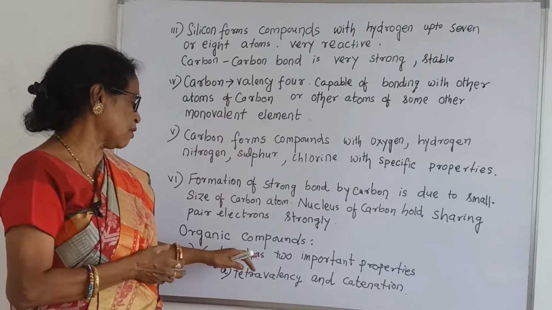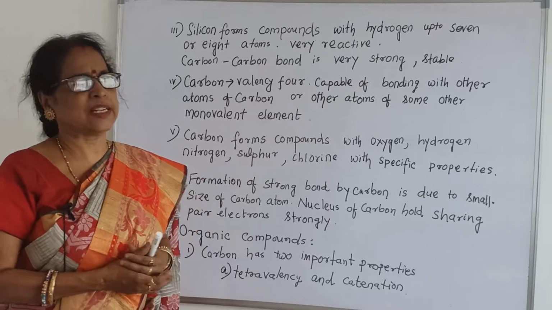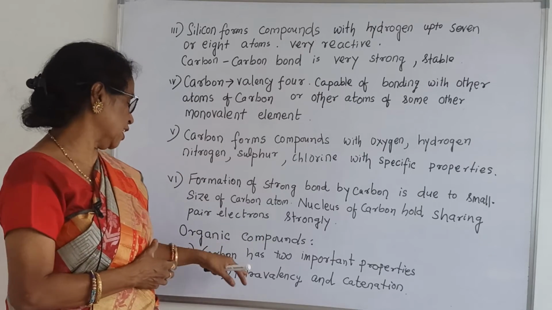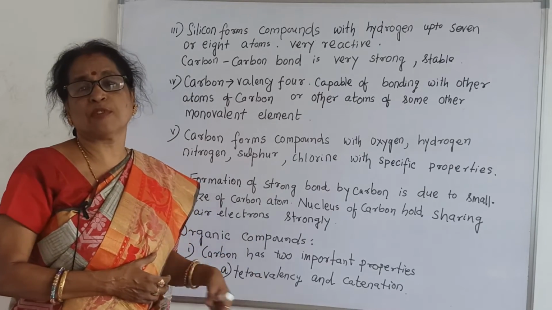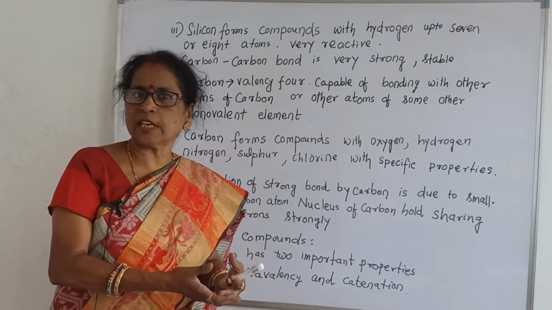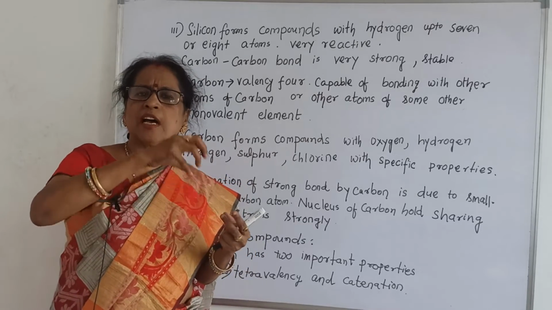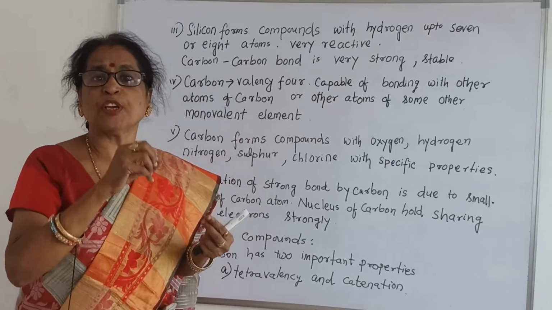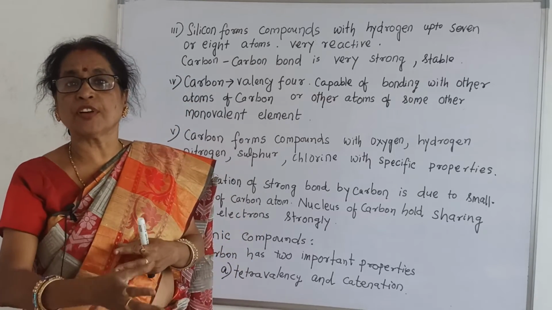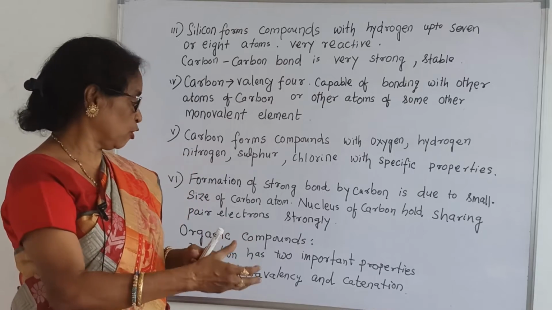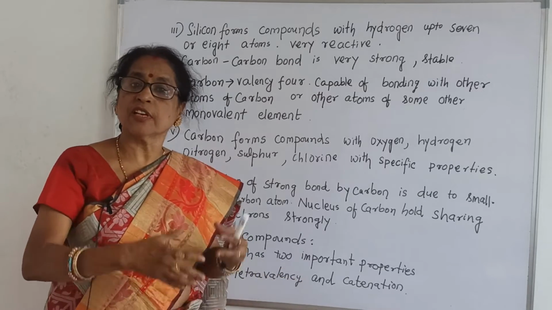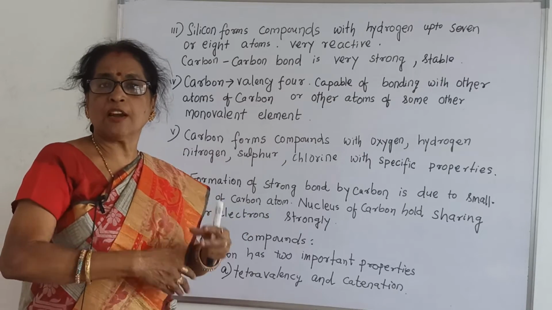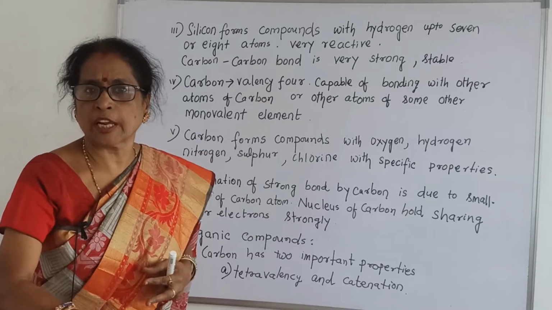Carbon has 2 important properties regarding its versatility. One very important property is the tetravalency of carbon, because the outer shell contains 4 electrons, which can be used for sharing of electrons and other purposes. The other is catenation: due to catenation, long chain molecules and a large number of molecules can be formed.